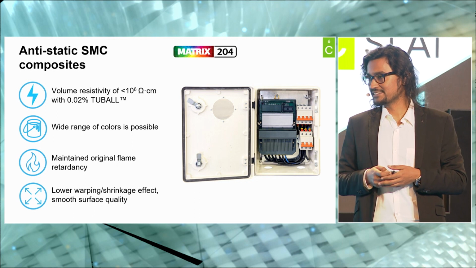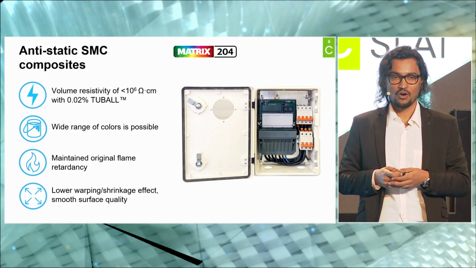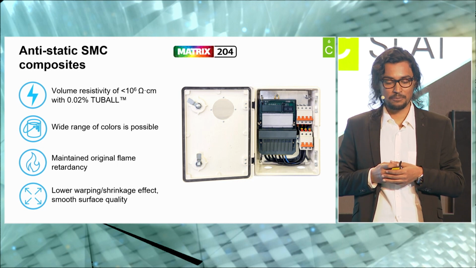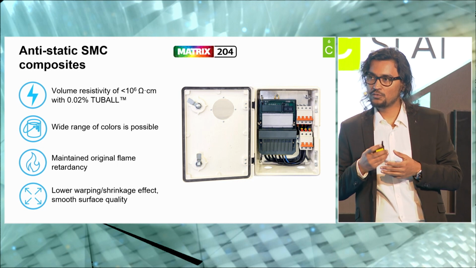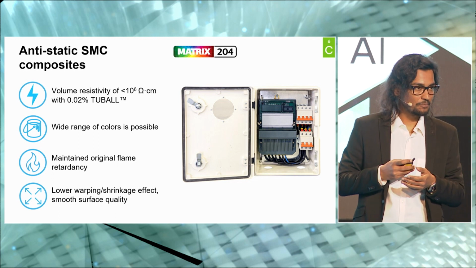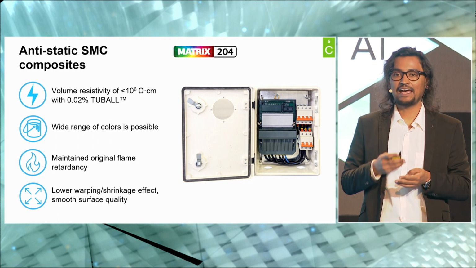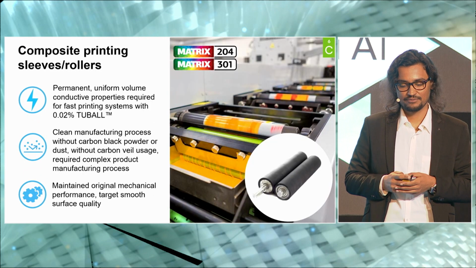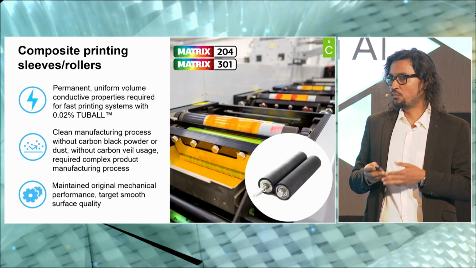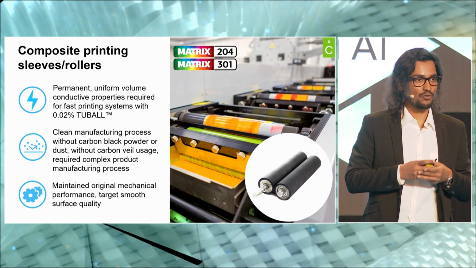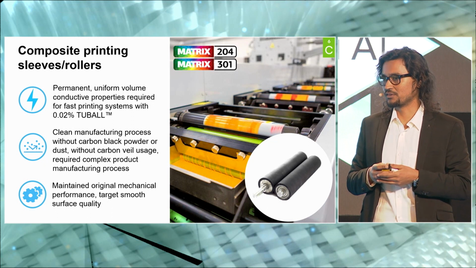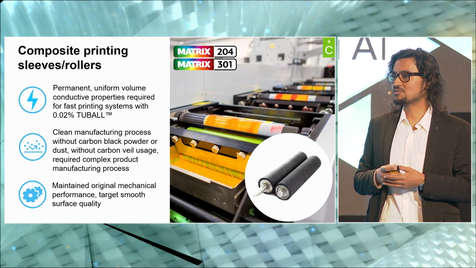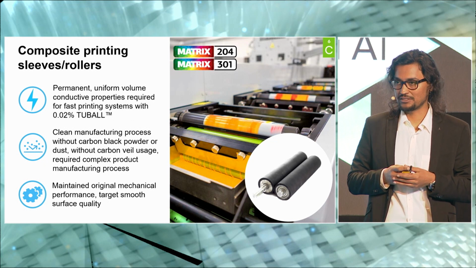Another example is SMC composites or junction boxes made up of these SMC composites, in which you would find extremely high gloss, conductive behavior, and popular industrial colors like gray. One very important market for us is printing rollers, where conductivity is really important, since sometimes we use solvents to print.